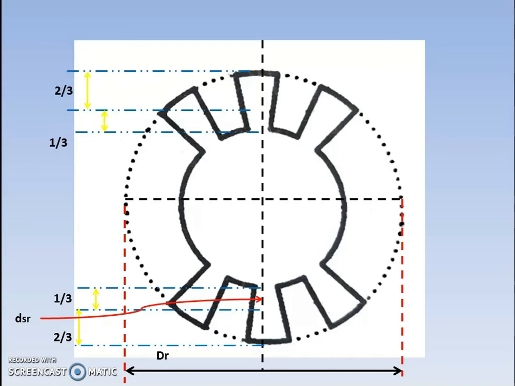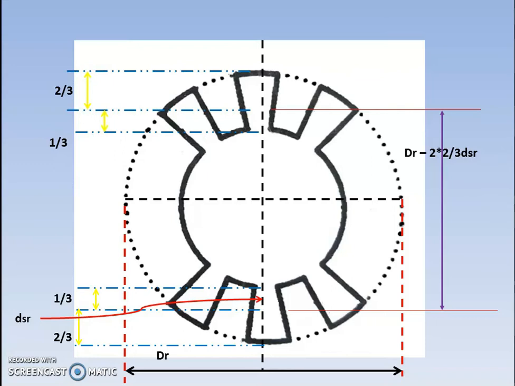So mean diameter at 1/3 height from the narrow end can be calculated as total rotor diameter minus 2 times, on the upper side as well as on the bottom side, 2/3 of the depth of the rotor slot. So we get a mean diameter at 1/3 height from the narrow end.